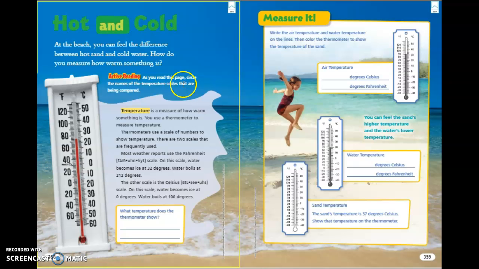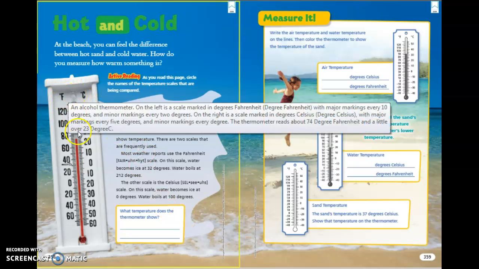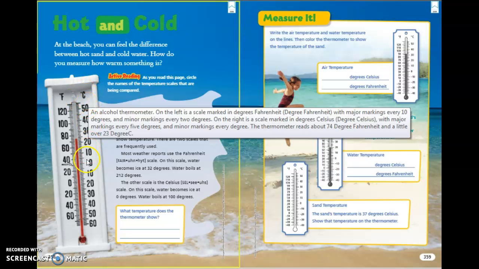So now it said, as you read this page, circle the names of the temperature scales that are being compared. So there were 2 temperature scales that we had. Pause the video and make sure you circle the 2 temperature scales. You should have circled Fahrenheit and Celsius. Okay, let's look at the question down below. Which temperature does the thermometer show? Now we could do that in Celsius or Fahrenheit. So if we're looking at the thermometer over here, we can see the Celsius side.